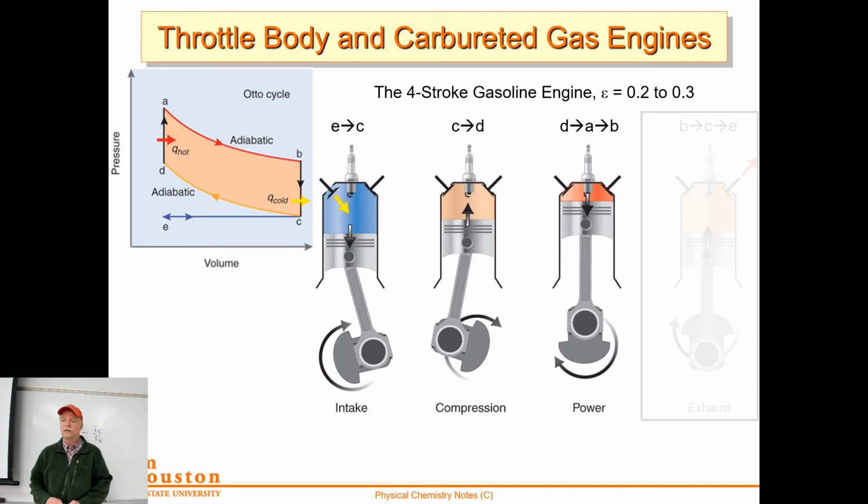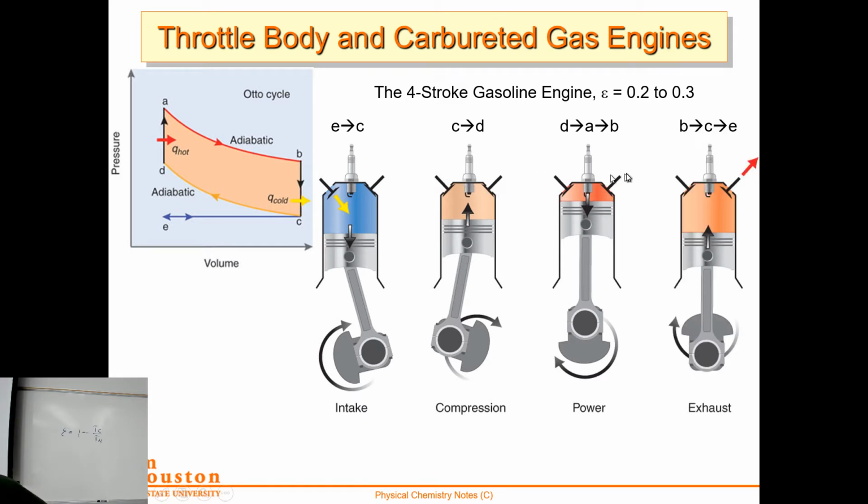So we burn the gas, we have this adiabatic expansion, because again, it happens quickly. It's not exactly adiabatic, which is why the engine heats up. And then we reach the bottom of the piston chamber, so we're fully extended. Then the pressure drops dramatically, B to C. So what happens with B to C?